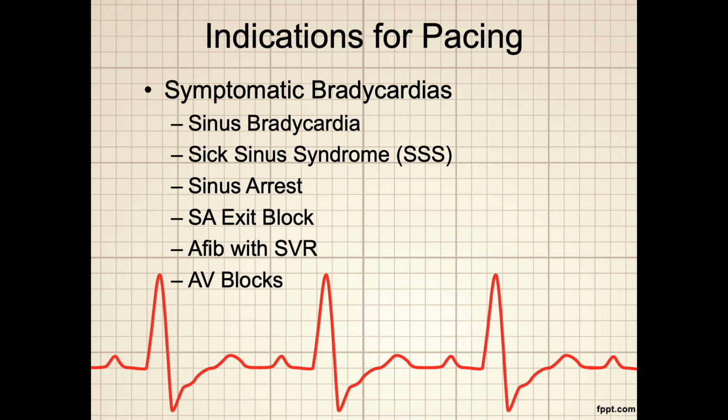Recall that most of the frontline antidysrhythmic medications designed to stimulate, that is, increase the heart rate, do that by affecting the SA node. An example is atropine sulfate. However, in many of these listed conditions, there is not good communication between the atria and the ventricles, and therefore, these medications won't work. Pacemaking is therefore indicated.